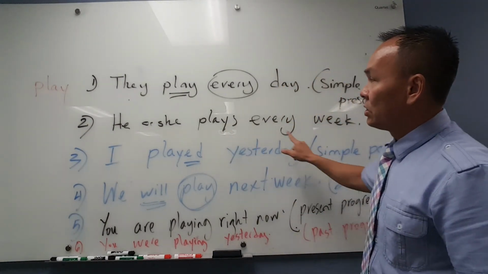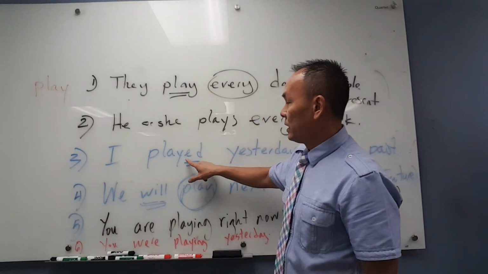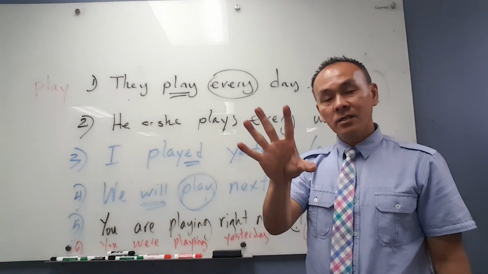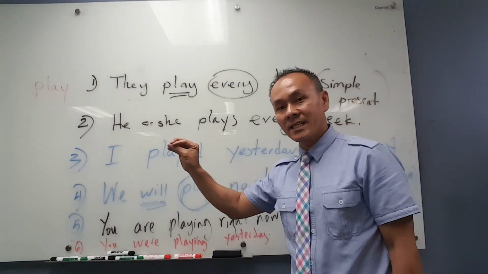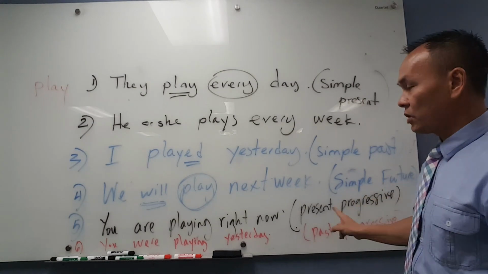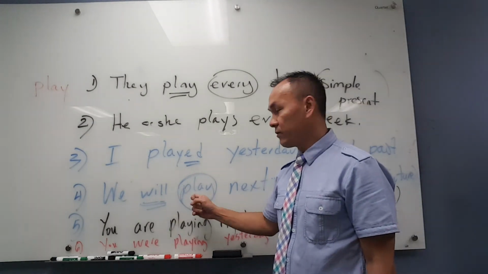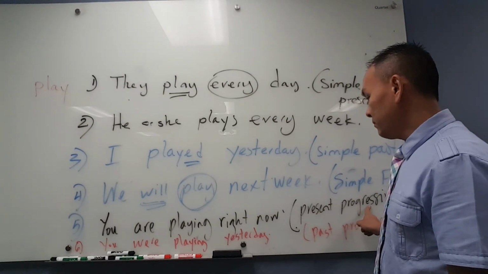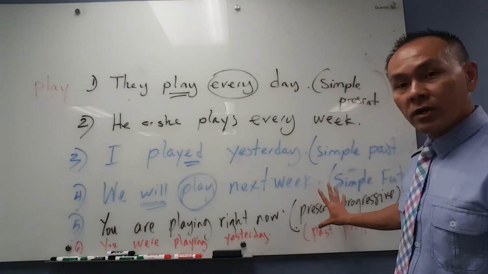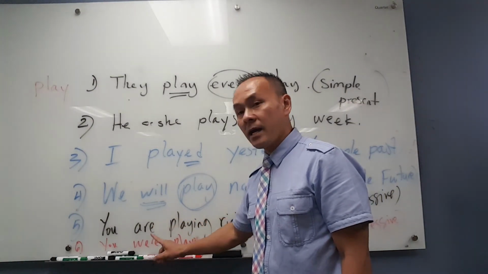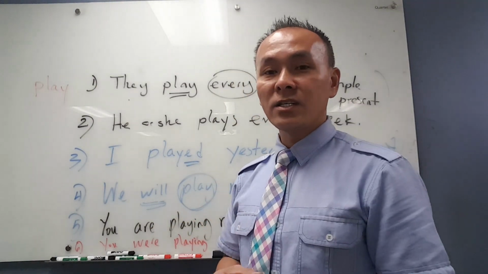Simple past, you change this to ed. Now some irregular verbs like send, you have to change to sent. That's an irregular verb, no ed. Then when it's simple future, you need to add will in front of the main verb. Then you have present progressive or past progressive. Present progressive, you use to be. Past progressive, you use the past of to be. Make sure you add ing.